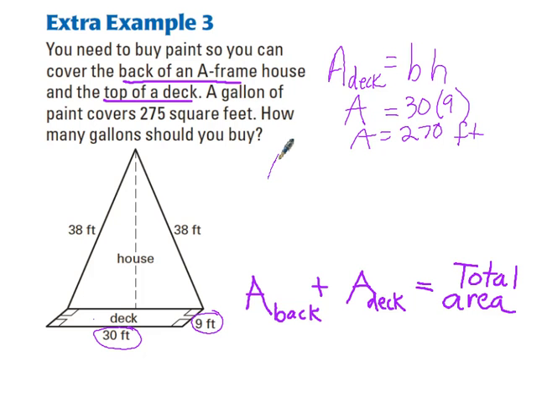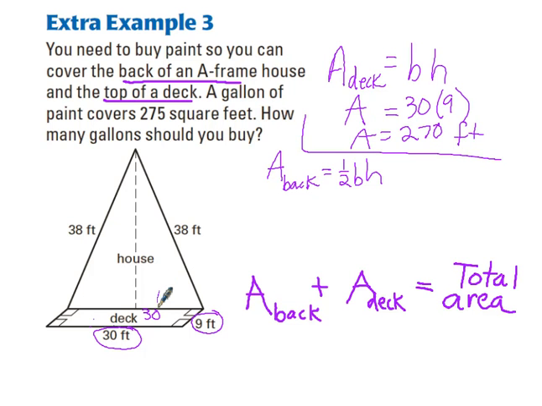Now we need to find the area of the back, which is a triangle, so we're going to use 1/2 base times height. And here we have the base, because if this is a rectangular deck, which it needs to be for construction, if this side is 30, then the whole base is 30.